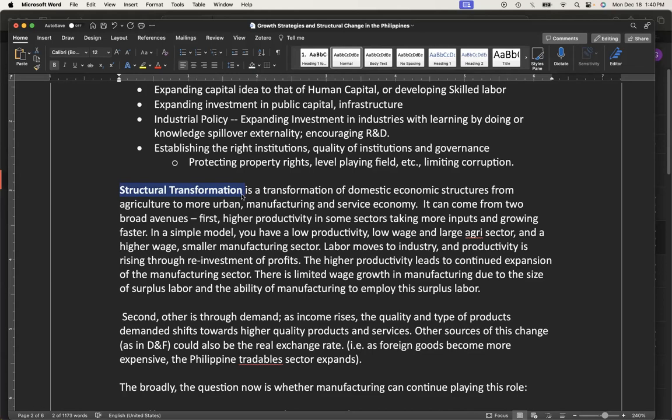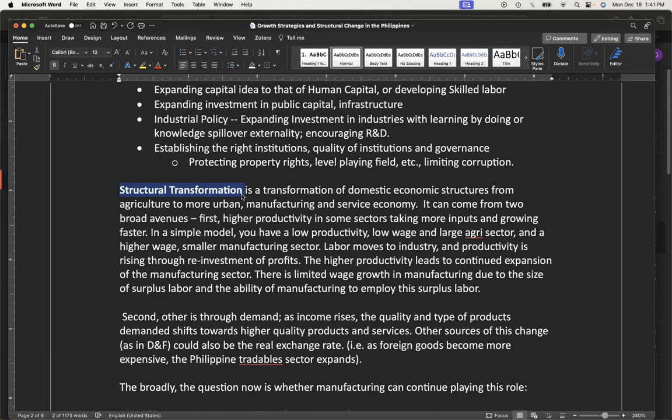So consider a simple model where you have a low productivity, low wage, large, high employment agri sector. And at the same time, you have a high wage, but a smaller manufacturing sector. So labor moves to industry and productivity is rising through the reinvestment of profits. As this process happens, labor moves to industry, takes advantage of the high wage rate.